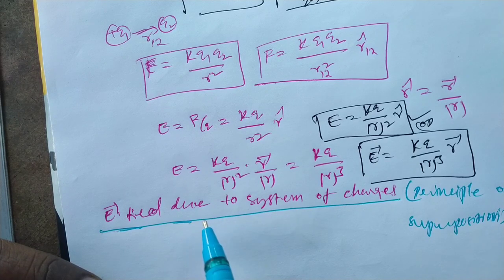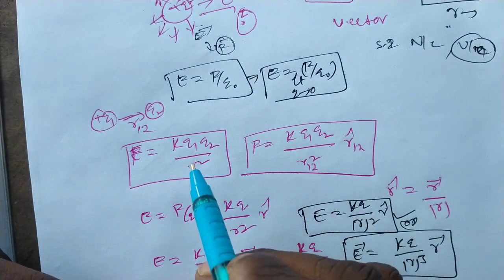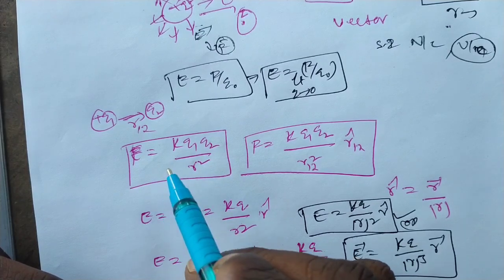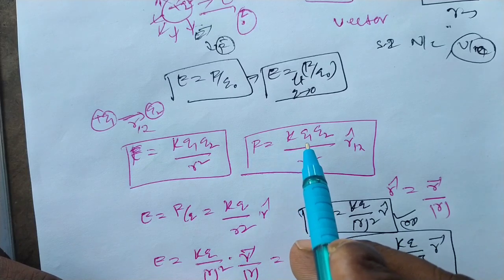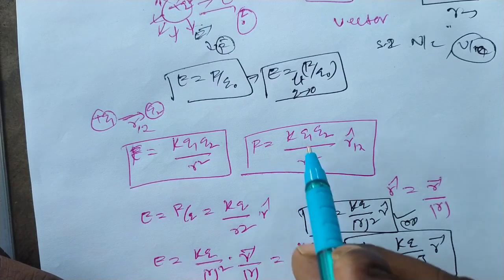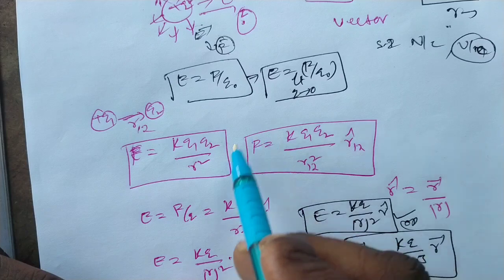the force occurs between two charges, that is F = k Q1 Q2 / R². In vector form, it is k Q1 Q2 / R12² times R12 cap. We also already explained multiple charges.